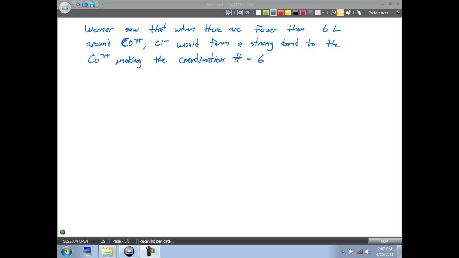And that's going to give us an octahedral geometry.